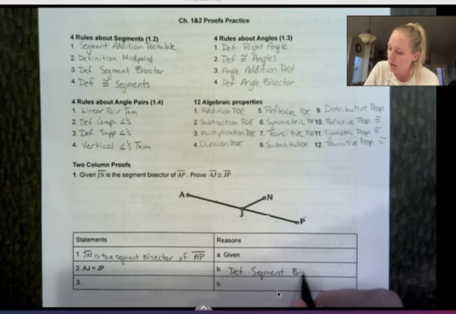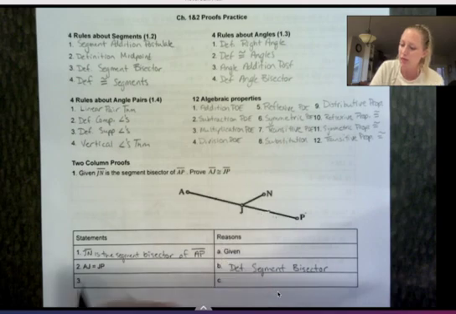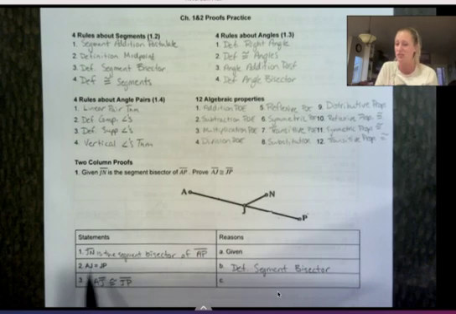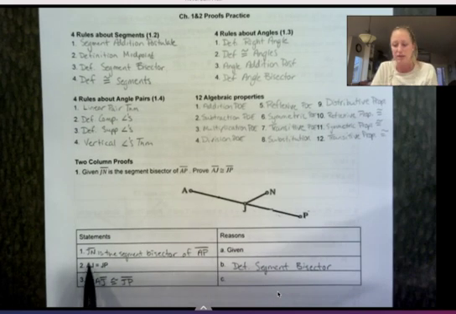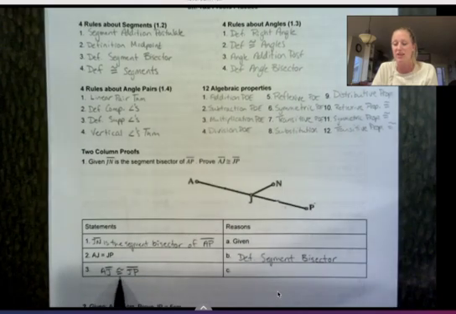Okay, so remember, my last line should be what I'm trying to prove. So I'm trying to prove that AJ is congruent to JP, and you might say, well, wait a second, isn't that what number 2 says? Careful. This one doesn't have the segment symbols and it has an equal sign. This one does have the segment symbols and it has congruent symbols. So what allows me to go between equals and congruent?